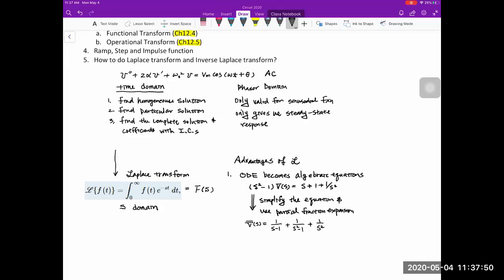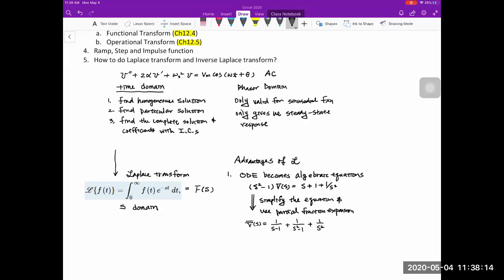Okay, now you might wonder, how can I get this equation? Well, if you look at the previous equation, I have an s squared minus 1 multiplied with a V sub s equal to something on the right. I simply divide that equation by s squared minus 1. And that equation is something that you're going to see when you actually apply the Laplace transform to your circuit. It will be some equation like this.